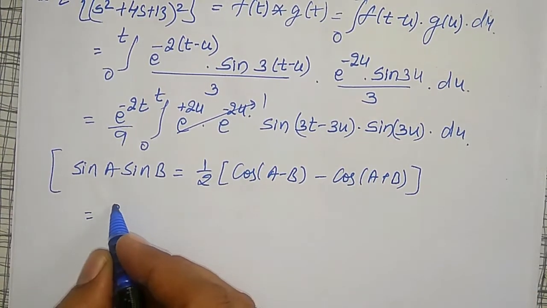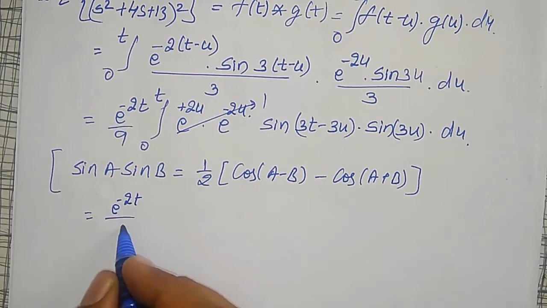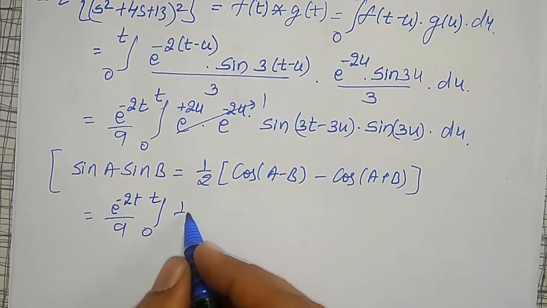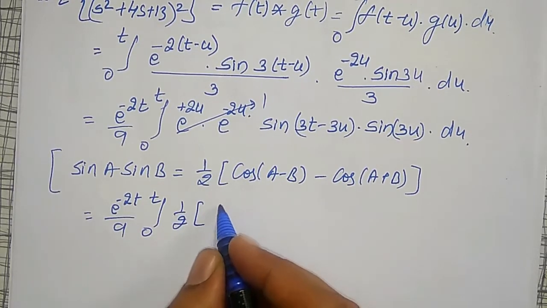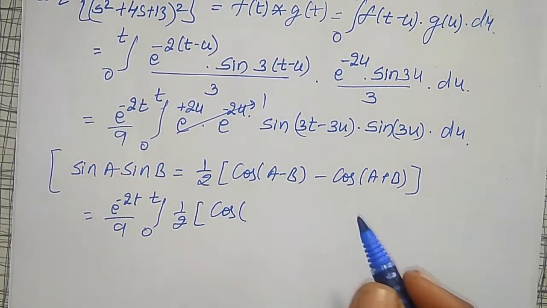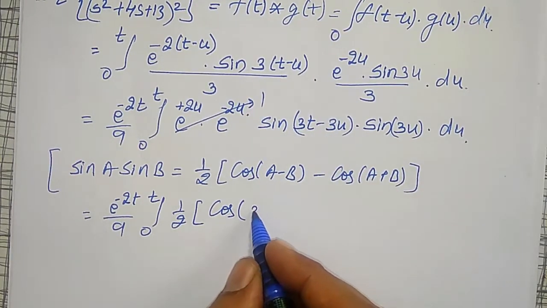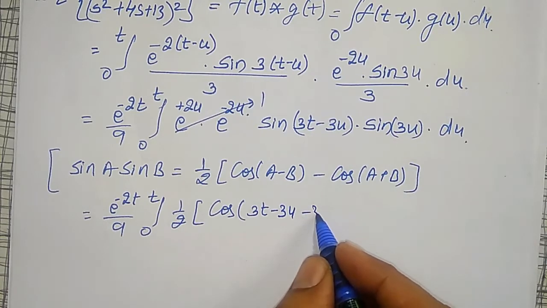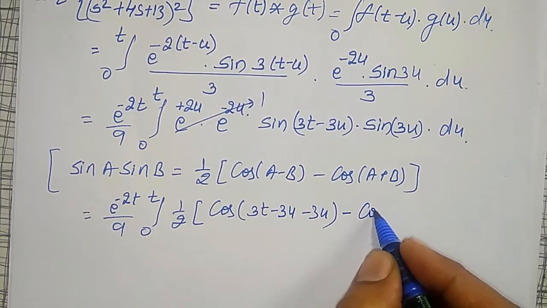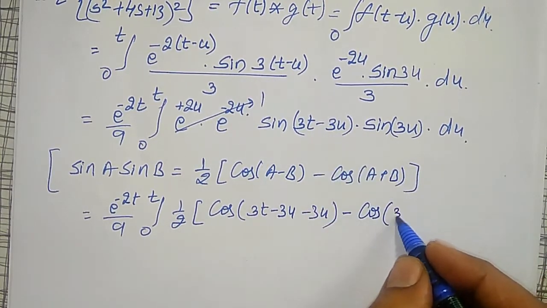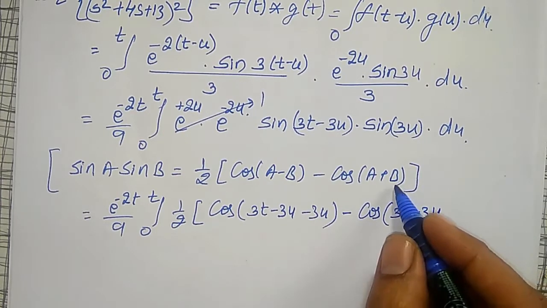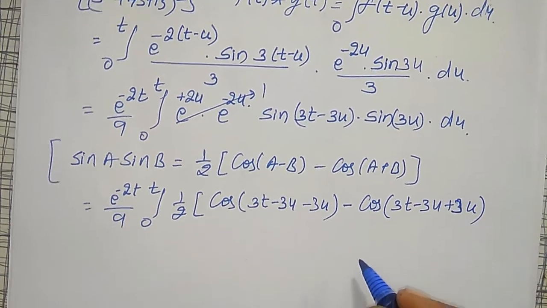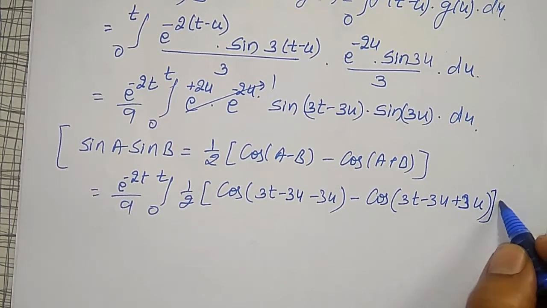Therefore, e to the power minus 2t divided by 9, integration from 0 to t, 1 by 2 into cos of a minus b. A is this one, that is 3t minus 3u, minus 3u, minus cos of a plus b. A is 3t minus 3u plus b. B is 3u. Okay, into du.